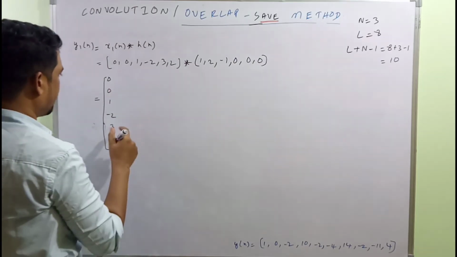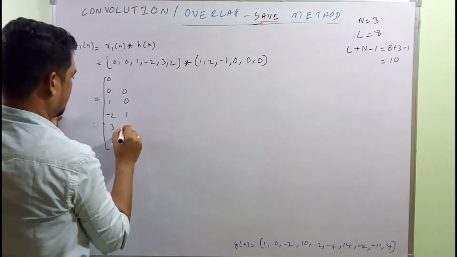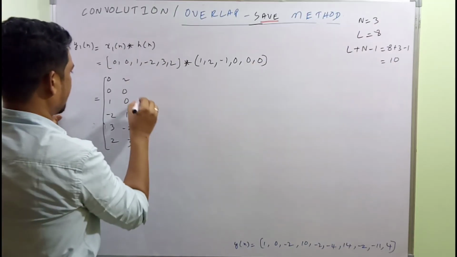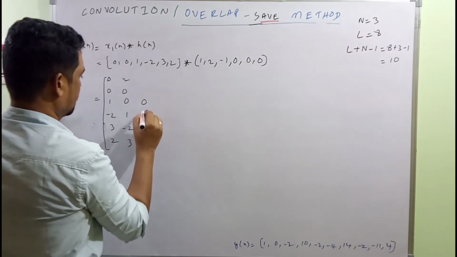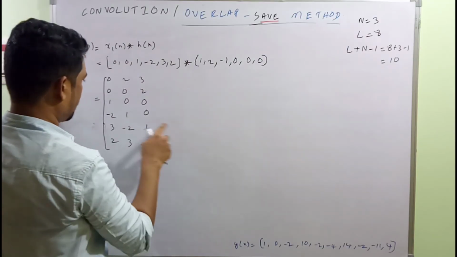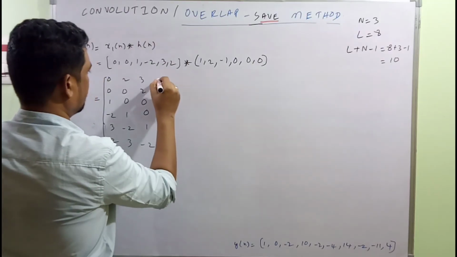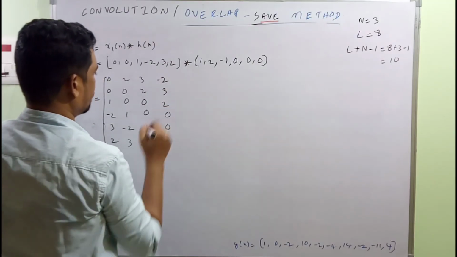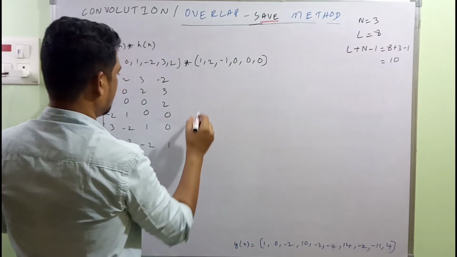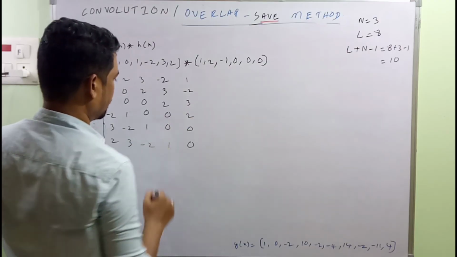The second column starts from 0 0 1 minus 2 3 2, and the third column starts from here, 0 0 1 minus 2 3 and 2. The fourth column starts from 0 0 1 minus 2 3 and 2, and the next column starts from here, 0 0 1 minus 2 3 and 2, isn't it?